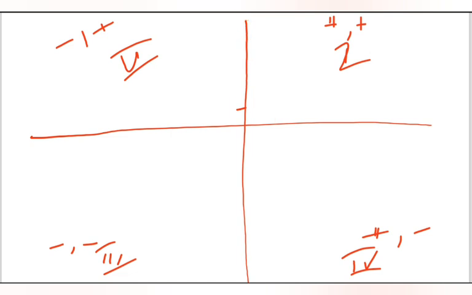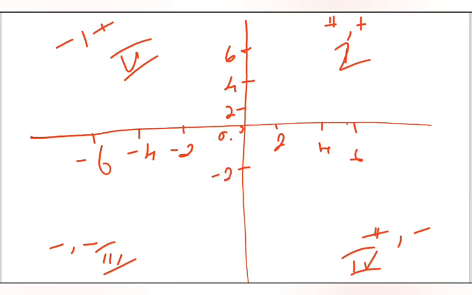Here 0, here 2, 4, and 6. Here the same way, 2, 4, and 6. Here minus 2, minus 4, and minus 6. You can take the graph in your own way. I am just taking according to my coordinates. Minus 2, minus 4, minus 6.